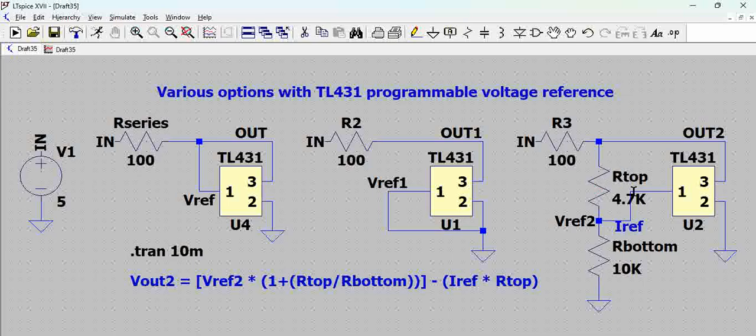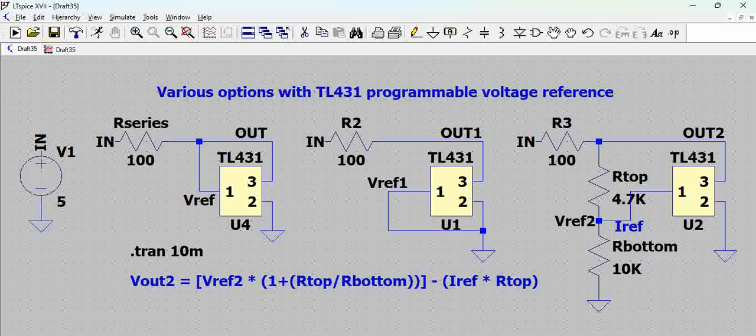In this scenario, we have 4.7K and 10K as the voltage divider, and the formula is Vref into 1 plus R top by R bottom, minus Iref into R top. For now, let us ignore the last term. Vref into 1 plus R top by R bottom is what defines the output voltage.